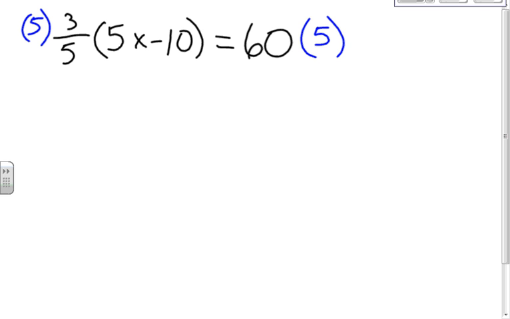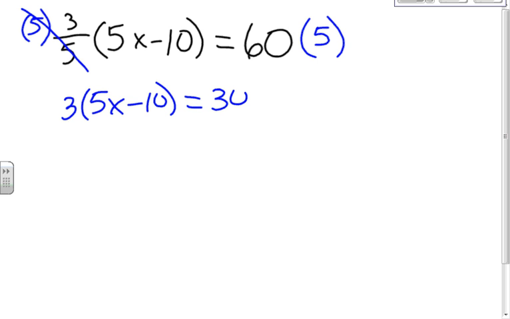What happens on the left side? The 5 and the denominator of 5 cancel out. So I'm just left with 3 times (5x minus 10) equals 300. Now I can do it normally, I can distribute, I can solve, and I don't have to deal with any fractions. So all I have to do is multiply by the denominator, and the fraction went away.